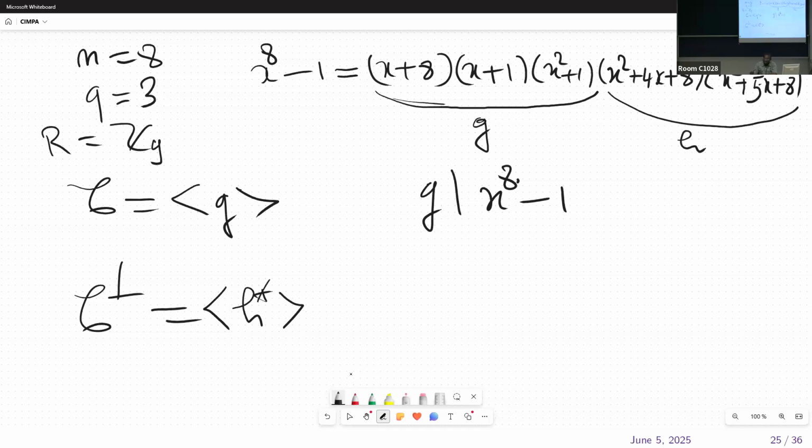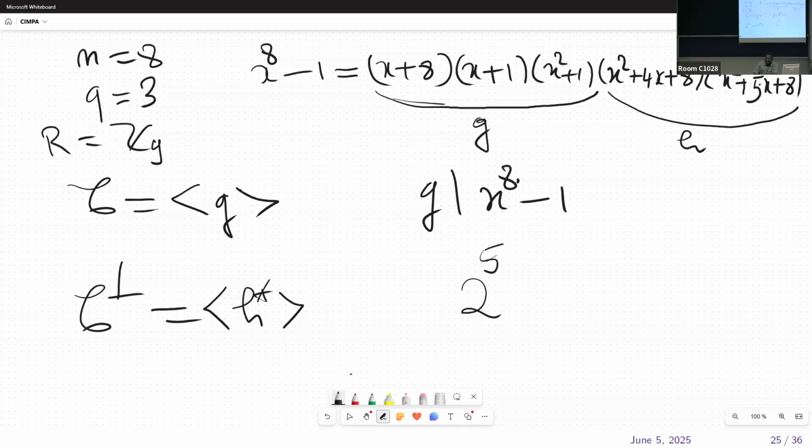Monic irreducible polynomial. The number of monic divisors of x^8 minus 1 is 2^5, where 5 is the number of monic irreducible polynomials in the factorization of this polynomial.